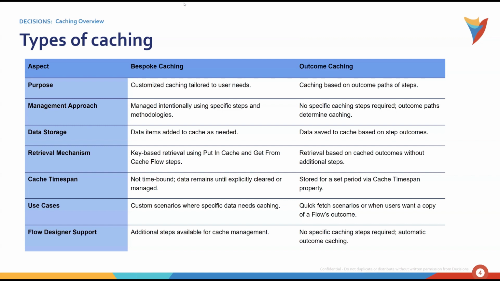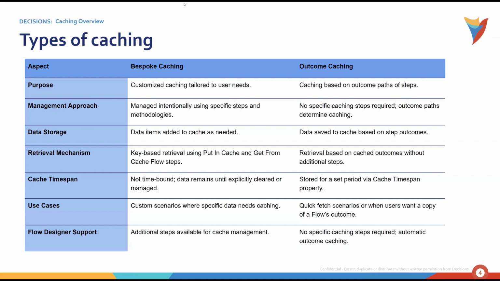If we talk about the retrieval mechanism, in bespoke caching there is key-based retrieval using the put in cache and get from cache flow steps, whereas in outcome caching, retrieval is based on the cache outcome without additional steps. In bespoke caching, the cache time span is not time bounded, so data remains until explicitly cleared or managed, whereas in outcome caching, data is stored for a set period via the cache time span property.